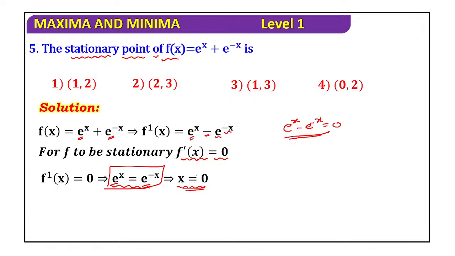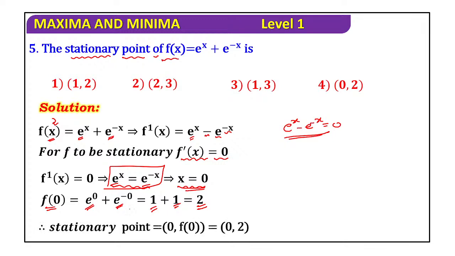Therefore, at x equal to 0, you have to identify f of 0. E to the power of 0 is 1, plus 1, that is 2. Therefore, the stationary point is at x equal to 0, f of 0, which is 2. That is 0, 2.